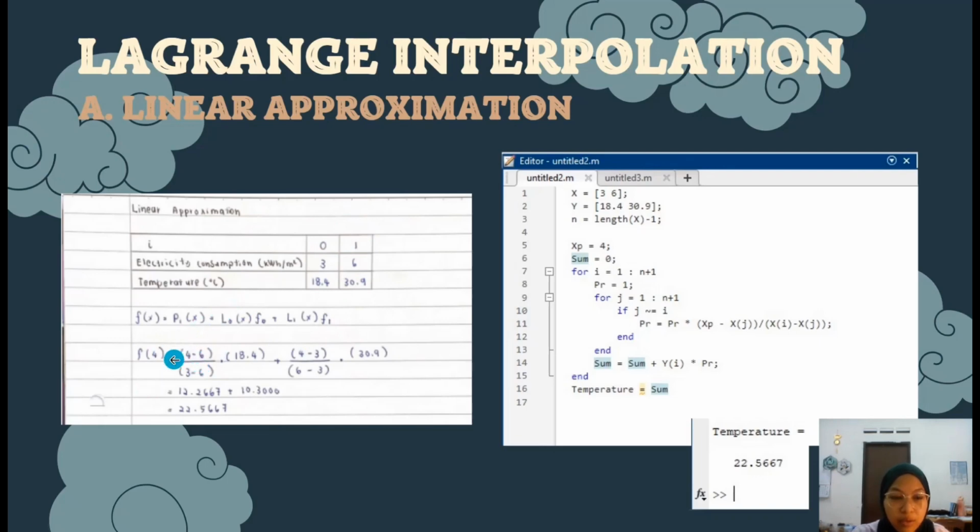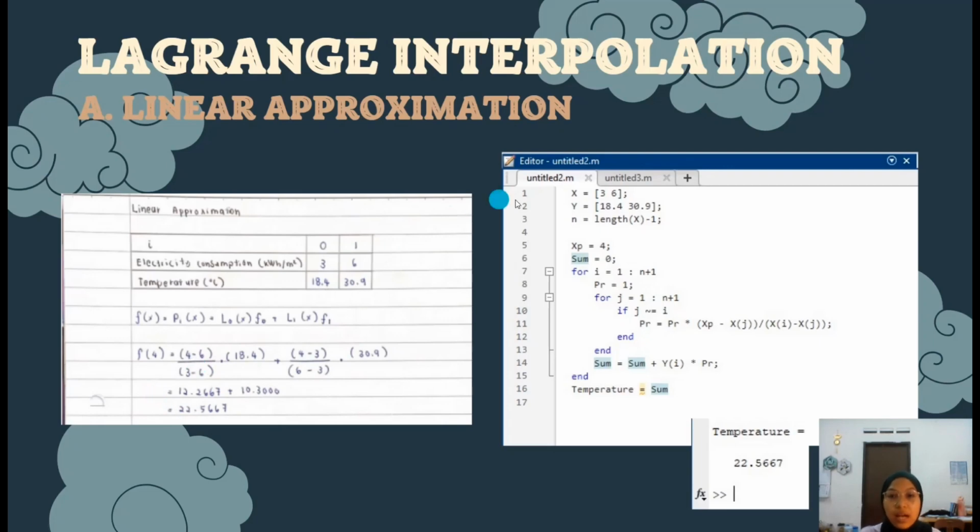So the formula is: 4 is the value of electricity power consumption that we want to find the temperature for, minus the value in the table over 3, which is the value of the electricity consumption, times 18.4, the temperature when the electricity consumption is 3, plus the value of 4 that we want to find the temperature for, minus 3 over 6 minus 3 times the temperature, and then we sum the values, we get the answer.